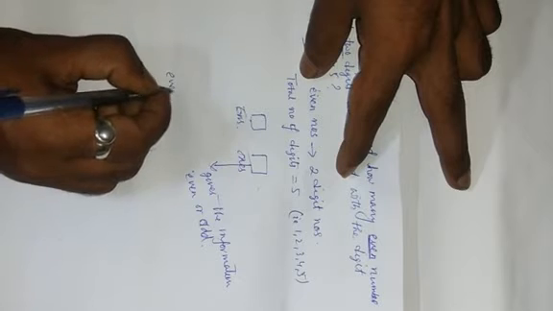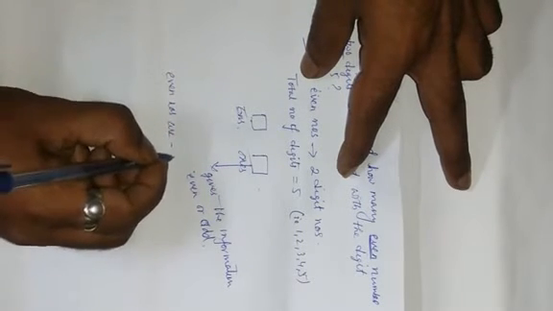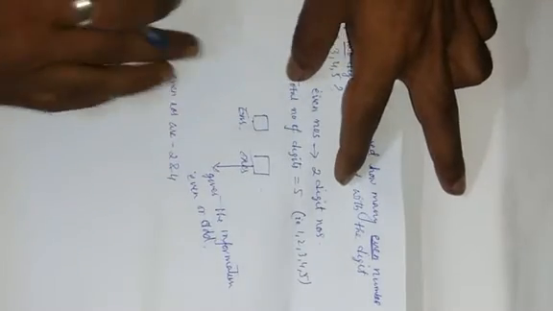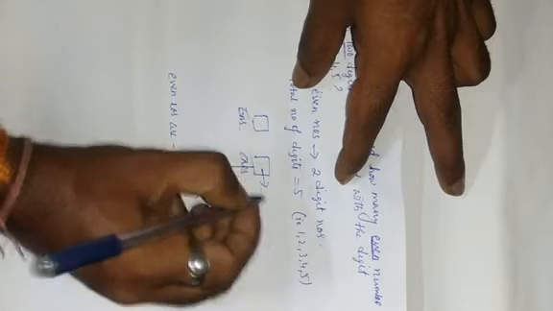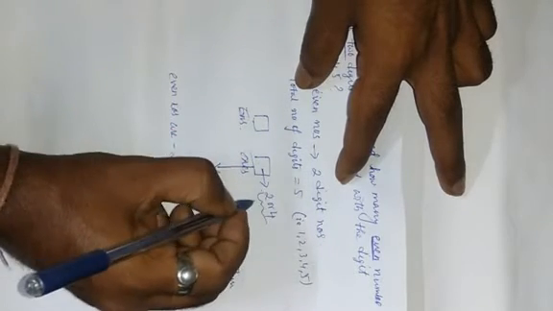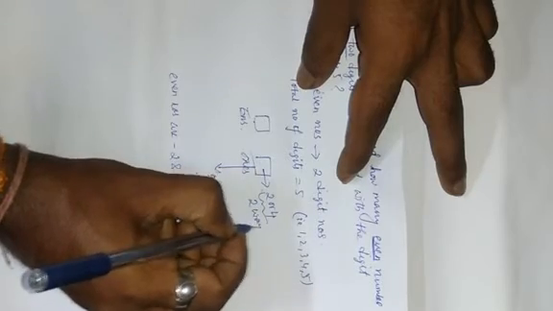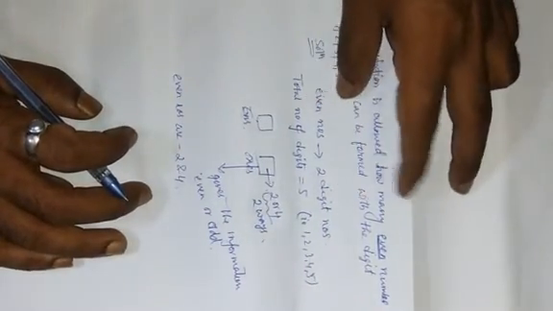So from here we can see what our even numbers are. Our even numbers are 2 and 4. So if I have to fill the ones place, I can use either 2 or 4 here. So the ones place can be filled in two ways.